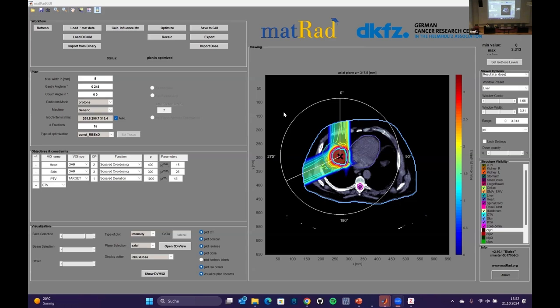Again, one thing you see is a very nice low entrance dose.